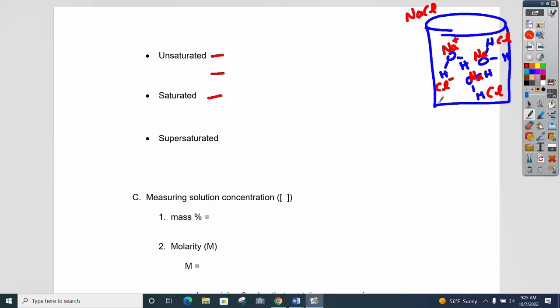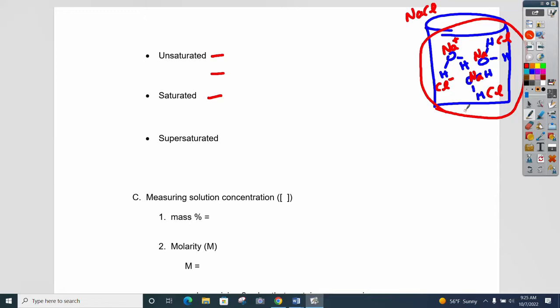In my drawing, I've hooked a sodium to every single oxygen, and I've hooked a chlorine to a hydrogen on every single water molecule. So there's no more space for me to add sodium chlorides because there are no more oxygens to attract the sodium. At this point, I've dissolved the maximum amount of solute possible, so we say the solution is saturated.